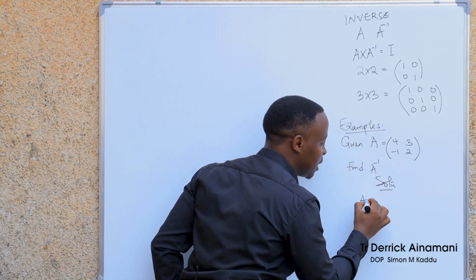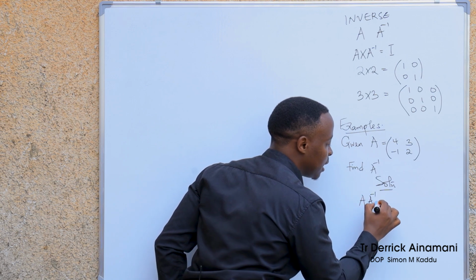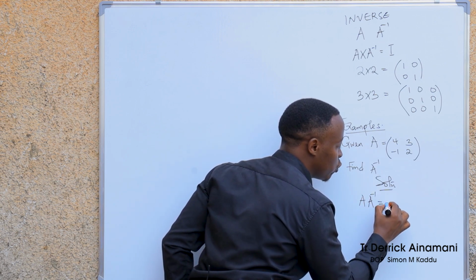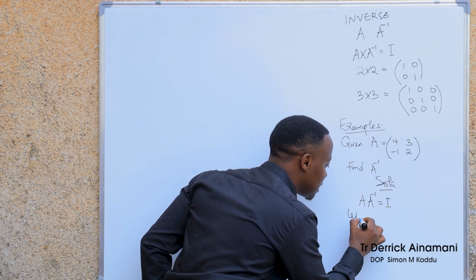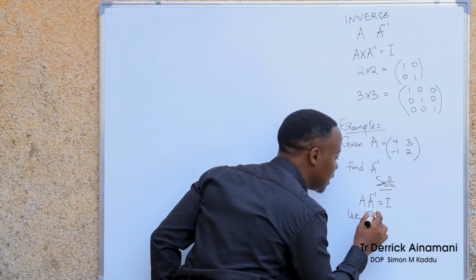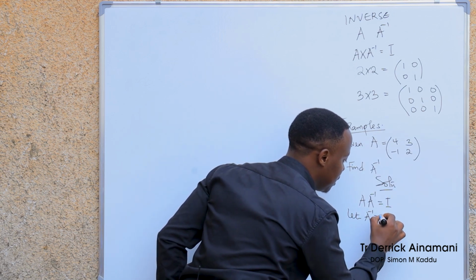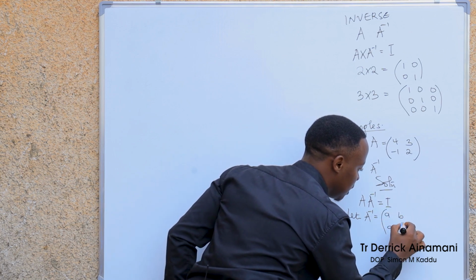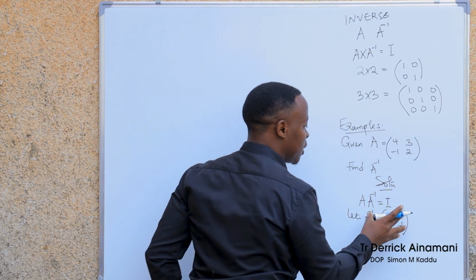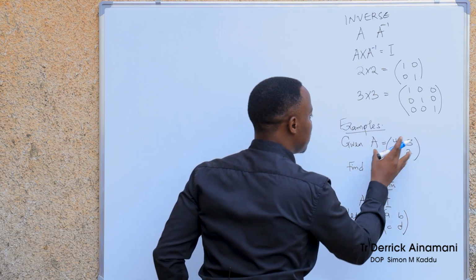our theory is a matrix A times its inverse is equal to the identity. Now, you say let the inverse of matrix A be equal to A, B, C, and D. So you get this, and you feed it in this formula.